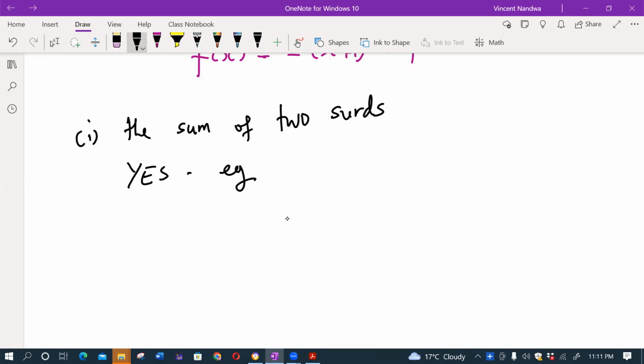if I have square root of 5 plus 2 square root of 5, then you see this will give us 3 root 5.